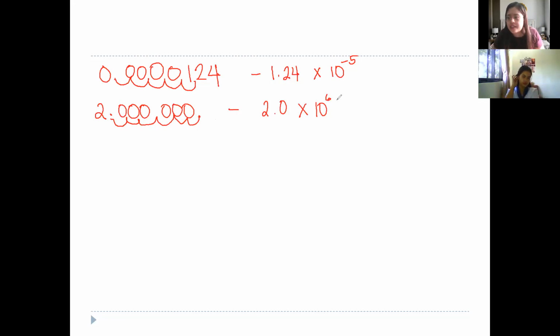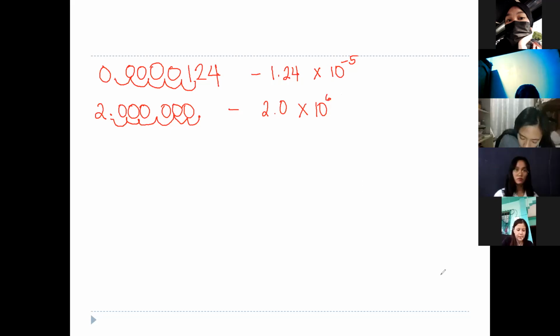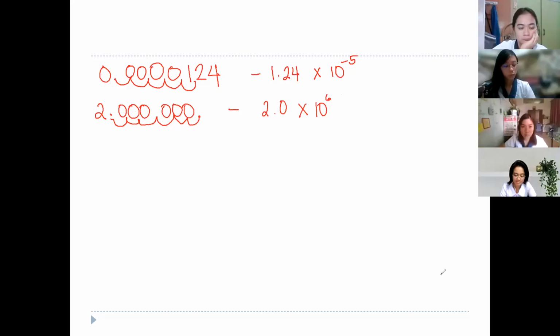I hope that's clear. Anyone here who is confused about making scientific notation? Can you ask questions now? None? Is it clear? So let's move on. Yes, it moves to the left for million, ma'am.